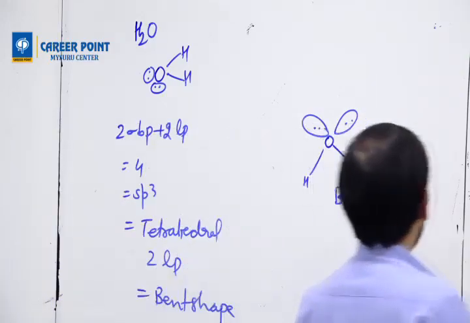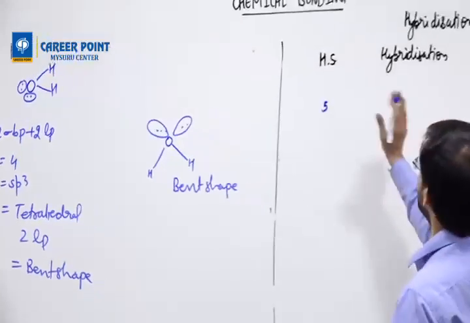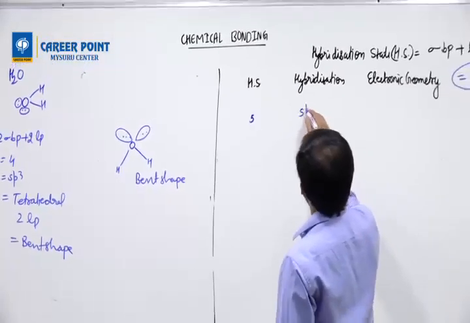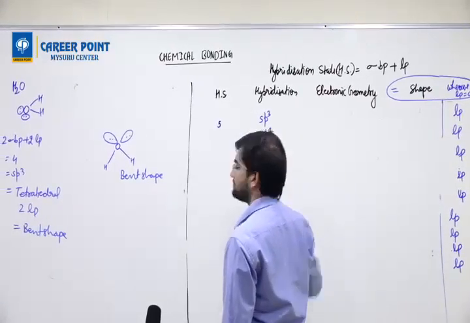Okay, so now till 4 we have done. Now we go to 5 this side. So 5, sp3. Can I write sp4?